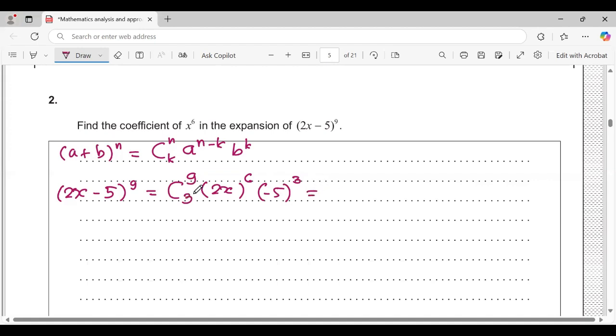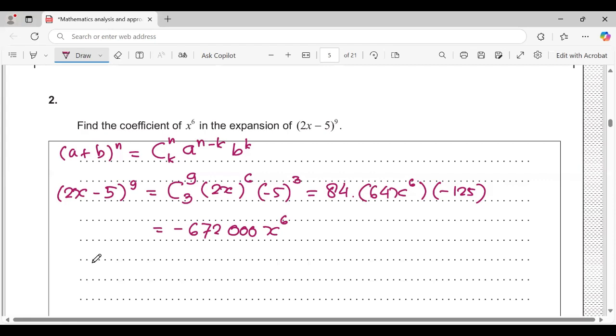If you calculate this combination, the result is 84 times 64 x to the power 6, because 2 to the power 6 is 64, and minus 5 cubed is minus 125. And if we calculate, the result is minus 672,000 x to the power 6.